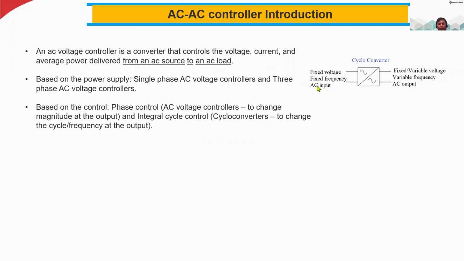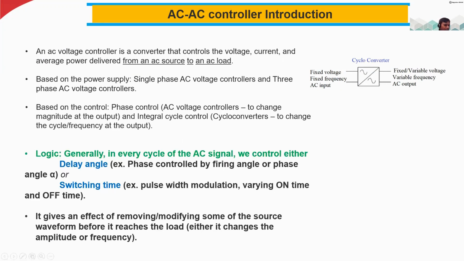But the applied input has fixed voltage and fixed frequency. For example, in Norway, we have 230 volt, 50 hertz. This is the standard in Norway and also in many countries in the world. But in USA, they use 120 volt, 60 hertz.